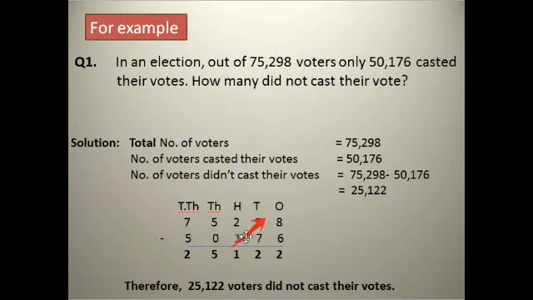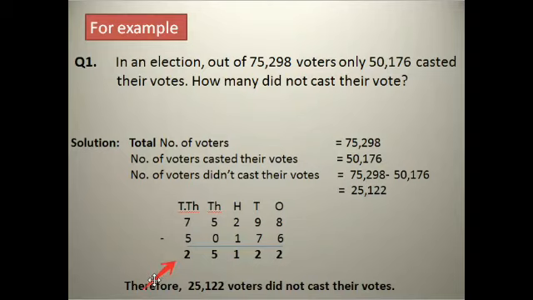And now we subtract. 8 minus 6 is 2. 9 minus 7 is 2. 2 minus 1 is 1. 5 minus 0 is 5. 7 minus 5 is 2.